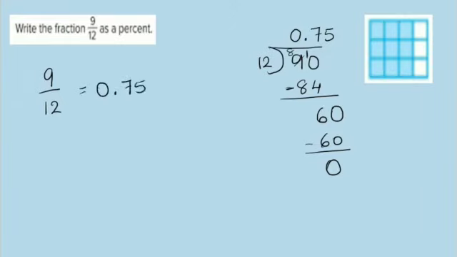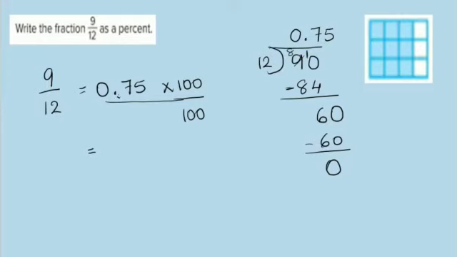Now this is in decimal. How do you change a decimal into a percent? We need to have a percent, yeah? So we are multiplying and dividing by 100. When you multiply and divide by the same number, it's equivalent to 1, right? So 0.75 times 100 divided by 100. Let me draw a bigger line here. When you multiply a decimal number by multiples of 100, the decimal point is shifted towards the right, which makes the number bigger.